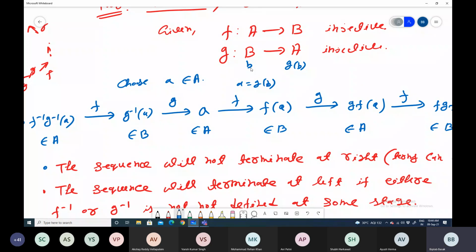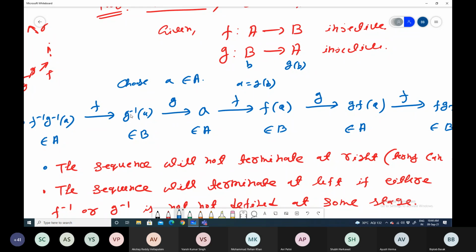Did you get what I'm saying? No, sir. Can you explain once more? Okay. Now suppose you choose any arbitrary element from B, suppose this is b. Then G of b will be in capital A. Now choose that small a equal to G of b. Now this is your G of b, so this will be your b.